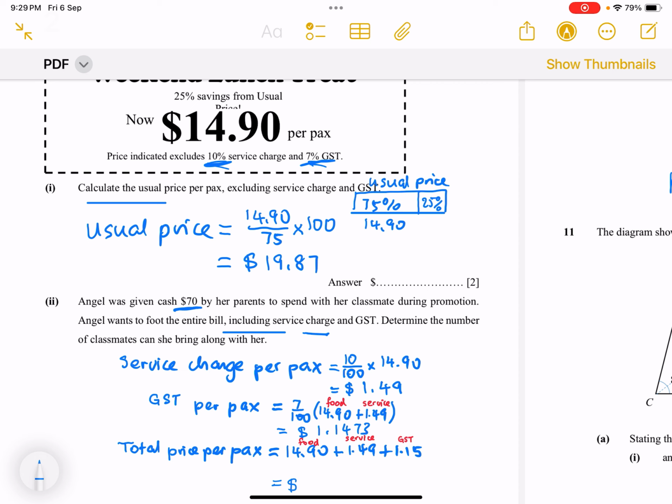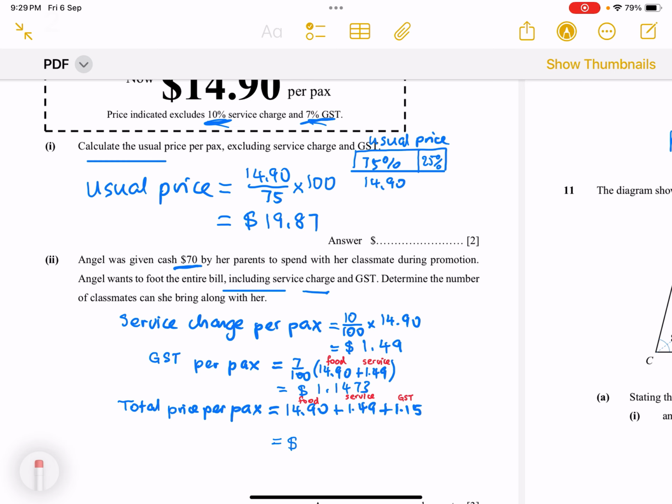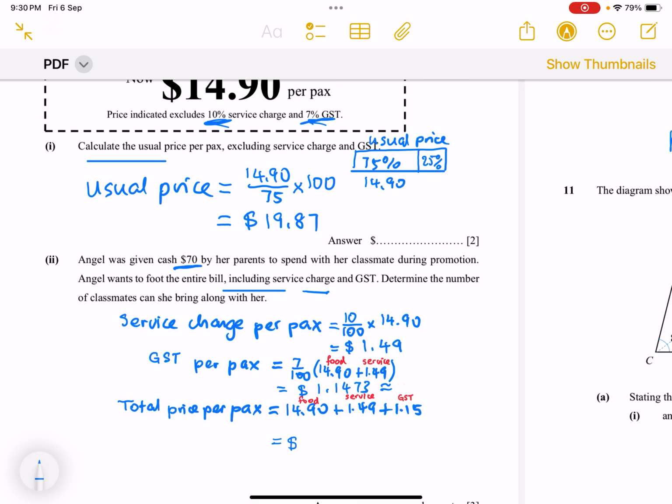Now we need to work out the total price, this one is approximately $1.15.